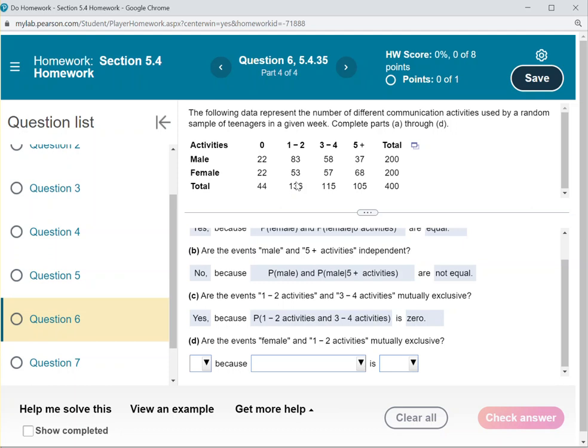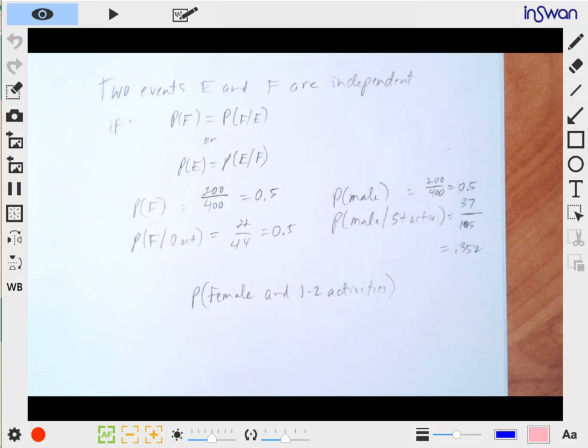If they were disjoint, then the probability of being female and doing 1 to 2 activities would equal 0.